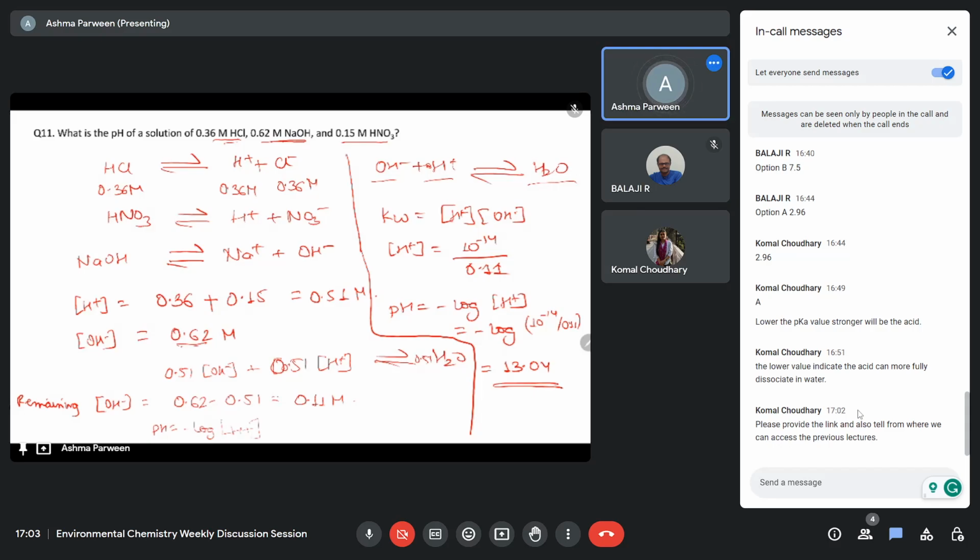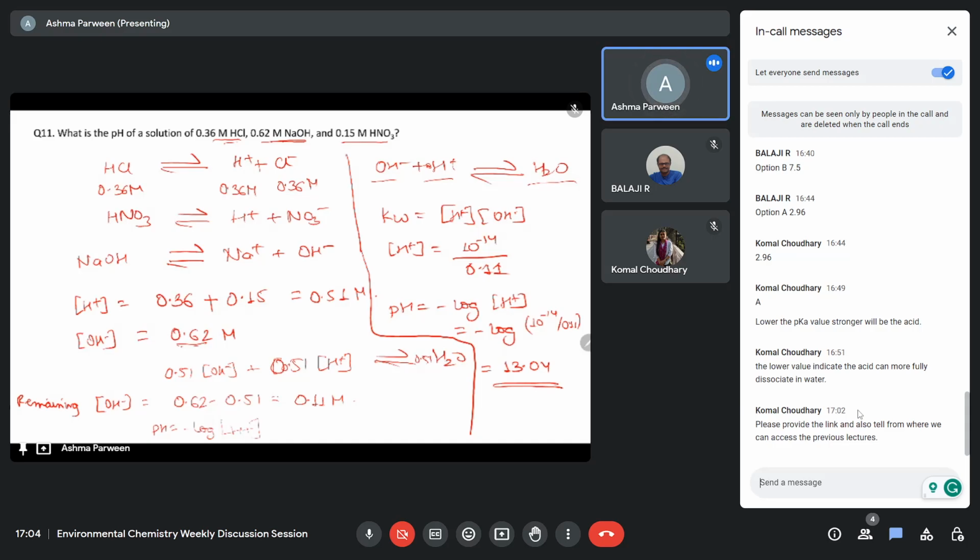And the software that you were talking about, Visual Minteq, yes. If you Google it, it is free software to download. You can download it and set it up.